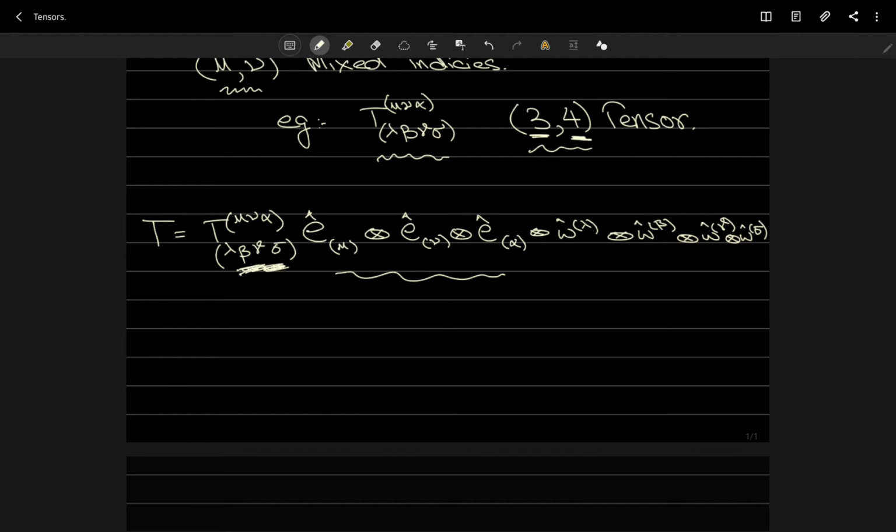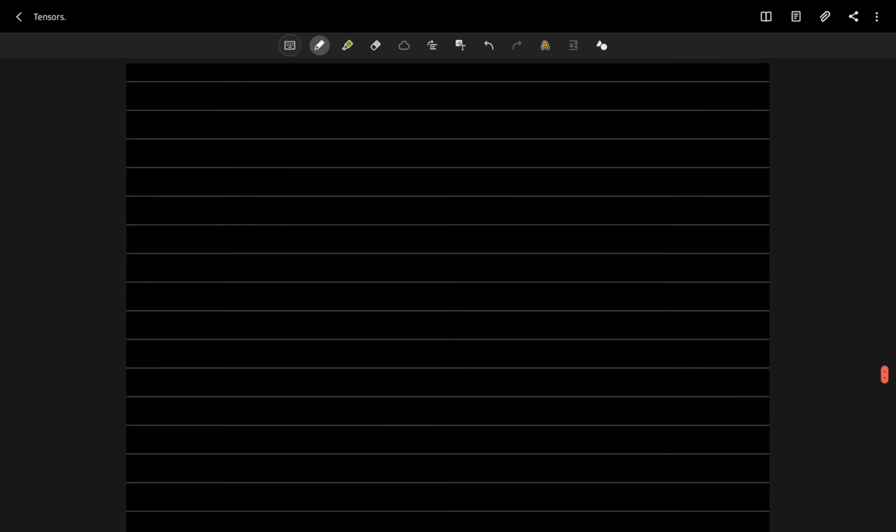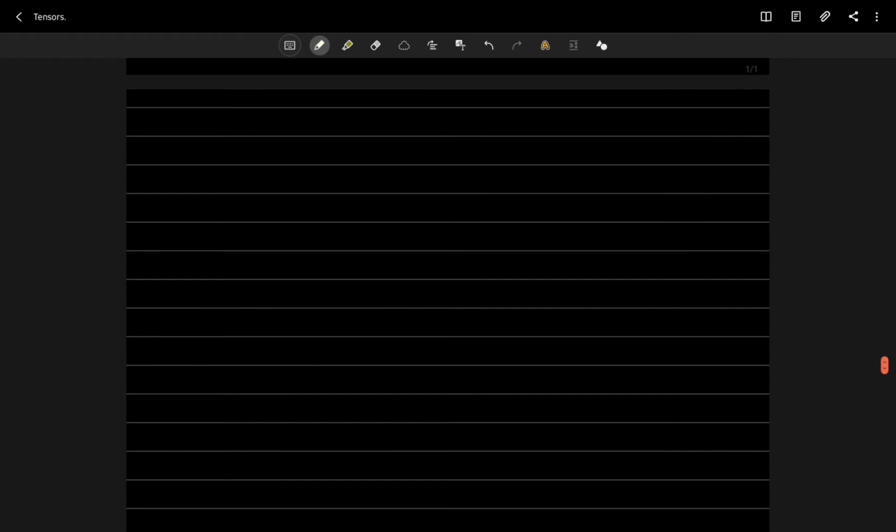Okay, so now let's define a tensor. There is the usual definition of a tensor, and then there is one that is a bit unpopular, but a much more fruitful definition. Let me first tell you the usual definition.